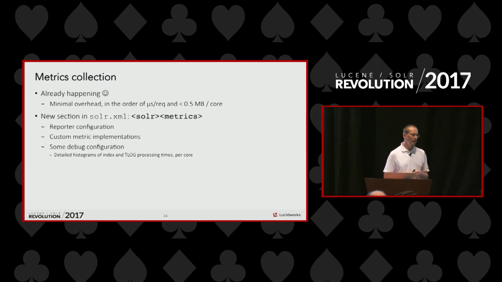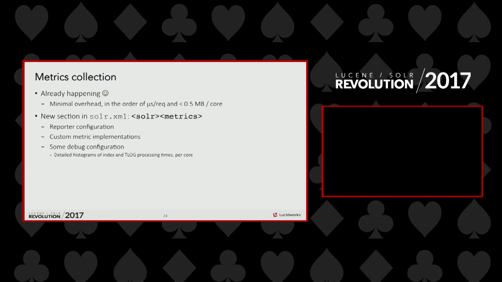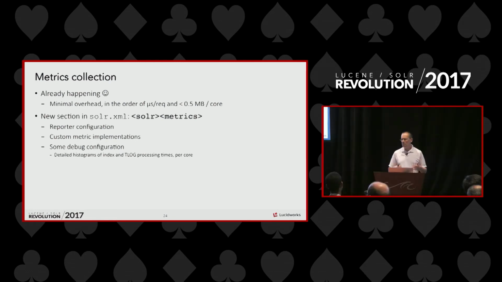There's a new section now in solr.xml where you can configure what kind of metrics you want to report to external systems, which is the reporter configuration. You can also specify custom metric implementations if the implementations that are provided with Solr are insufficient for some reason, and I will talk about some of these reasons later on. And you can also specify some debug configuration, like, for example, if you want to turn on some really low-level metric collection.